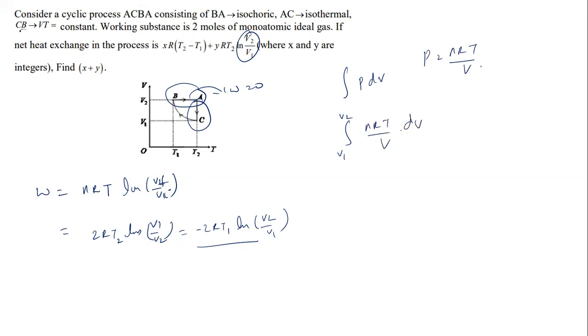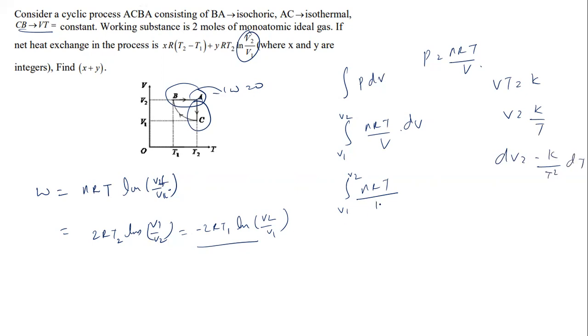But in this process, what is constant? Vt is constant. So from this expression, Vt is equal to some K. V is equal to K by T. Then dV is equal to minus K by T square into dt.